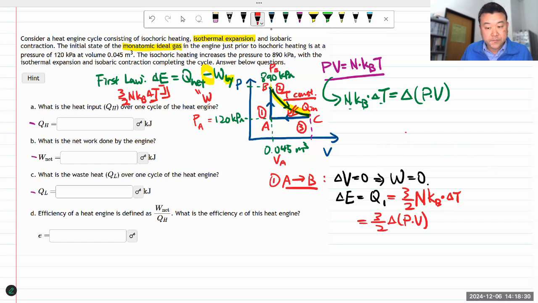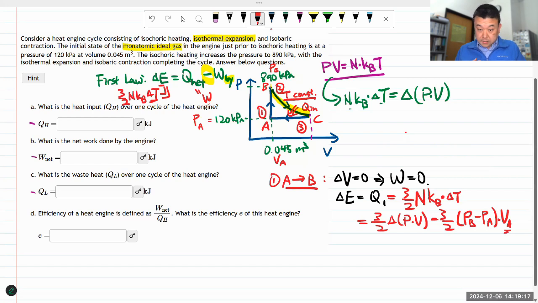And V stayed at VA, so it'll be 3/2. So this is a change of pressure times volume. I can write this simplified version: the change of pressure, PB minus PA, times the constant volume. You can imagine that I did the final PV minus initial PV and then factored out the constant V.